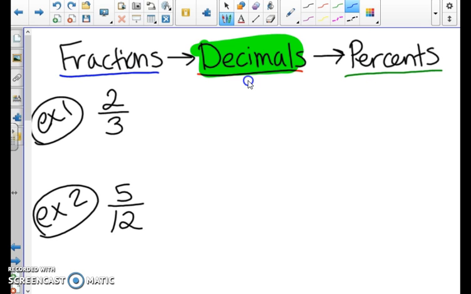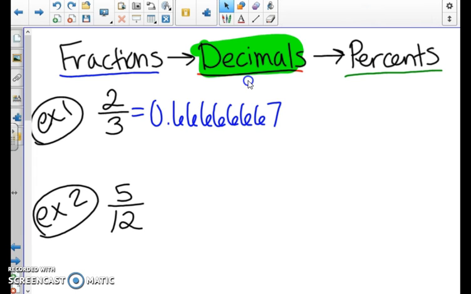So all you would do is grab your calculator and put 2 divided by 3. And this is what you're going to see. Y'all, all that is 0.666666666 forever. That 7 is there because the calculator rounds it for you. So technically it's not there.